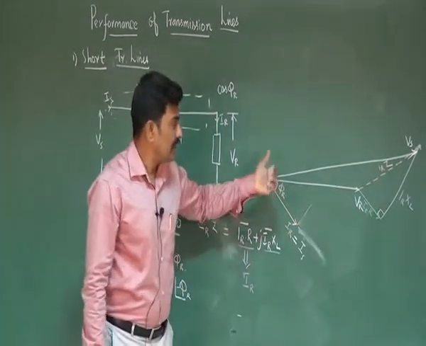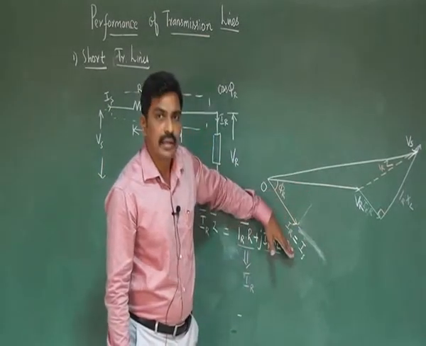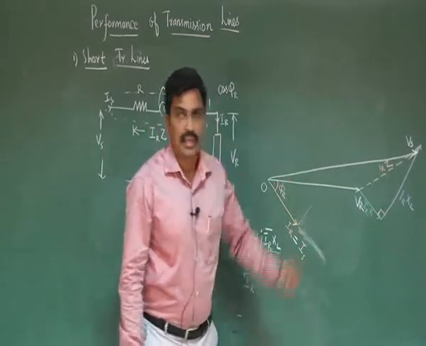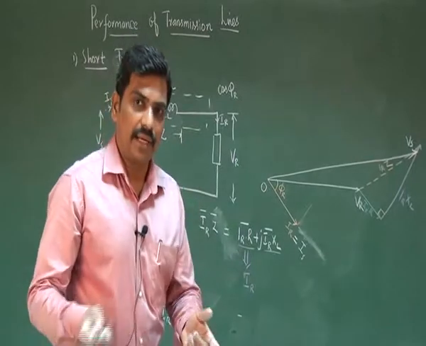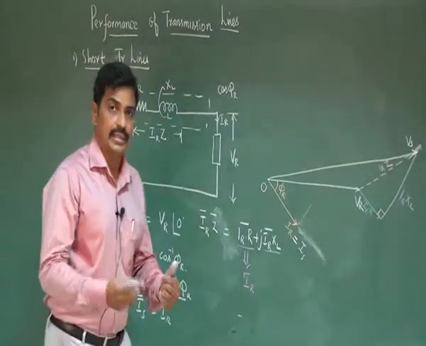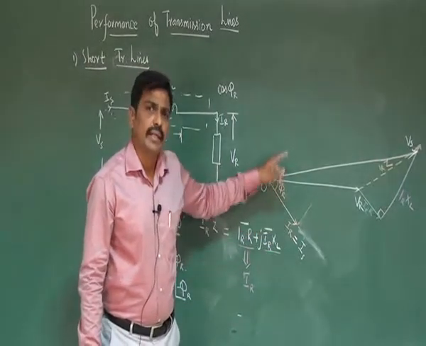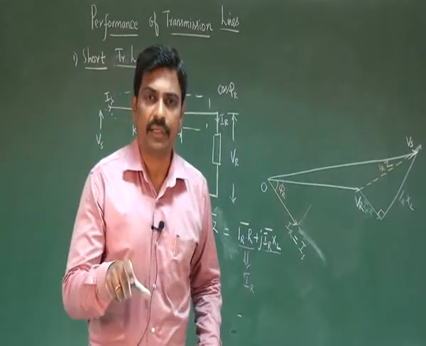Now look at the vectors, we obtained Vs, we obtained Is, both are sending end parameters. So from these two parameters, we can easily determine the sending end power, sending end voltage drop, etc. In order to find the sending end power, we need to know the sending end power factor.